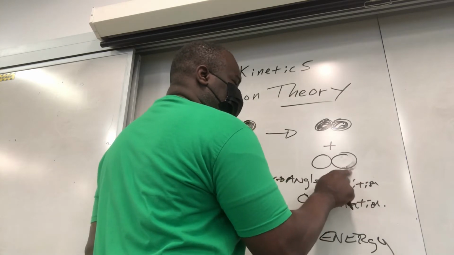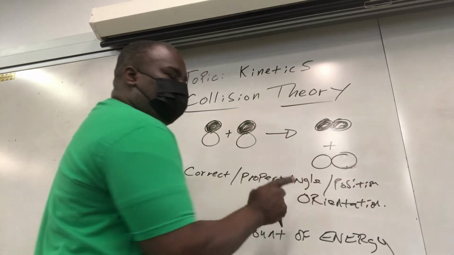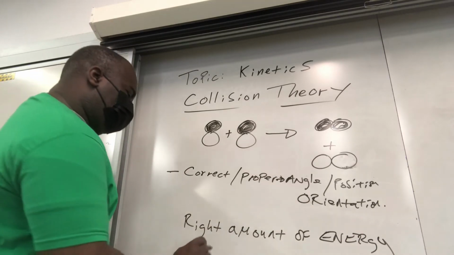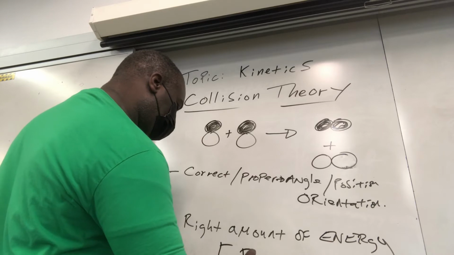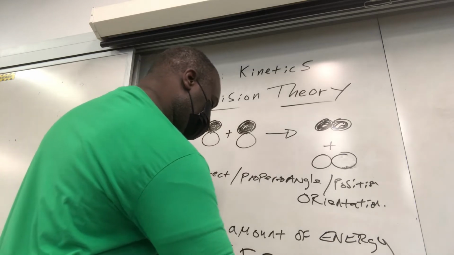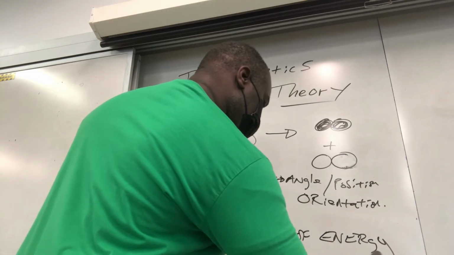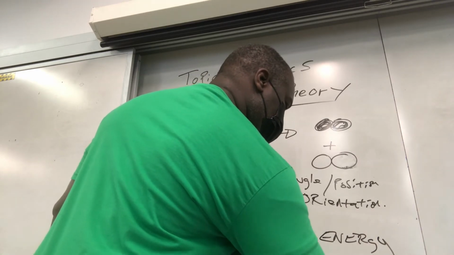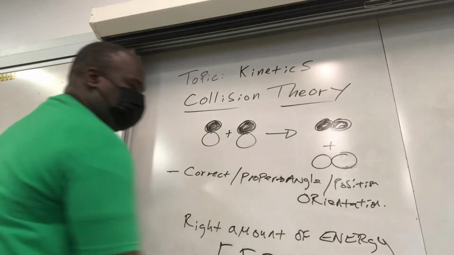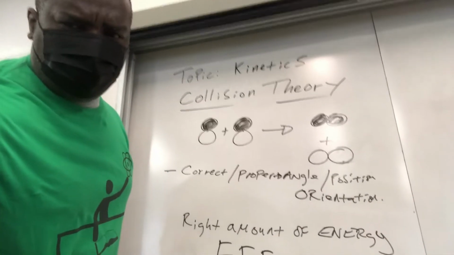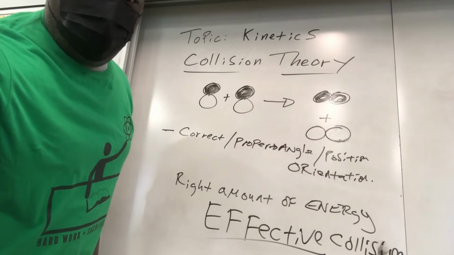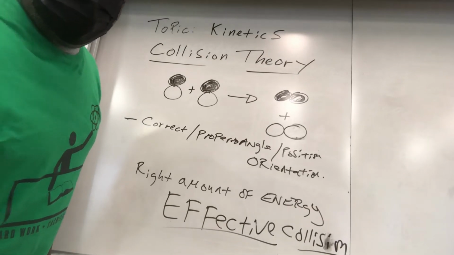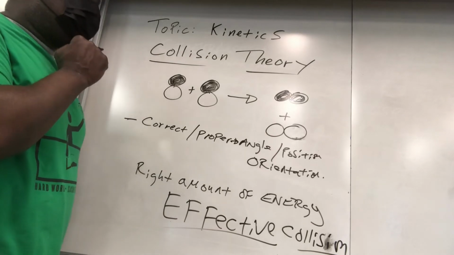Now, together, if you have these two things, that's called an effective collision. Okay, an effective collision. So once again, what's an effective collision? One that simply has the right proper angle and the right amount of energy.